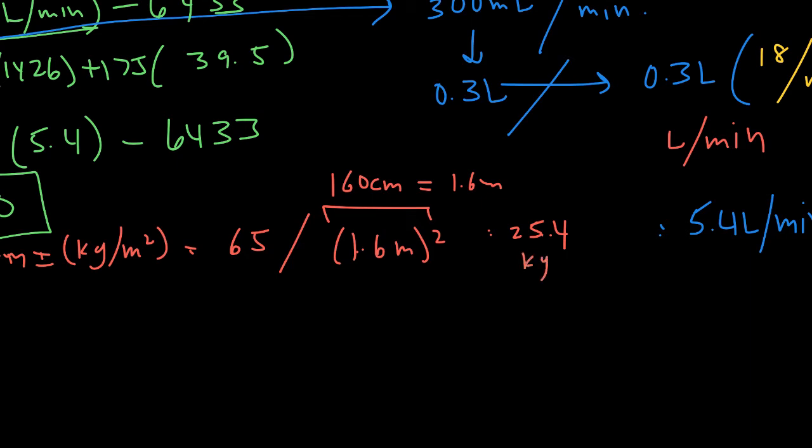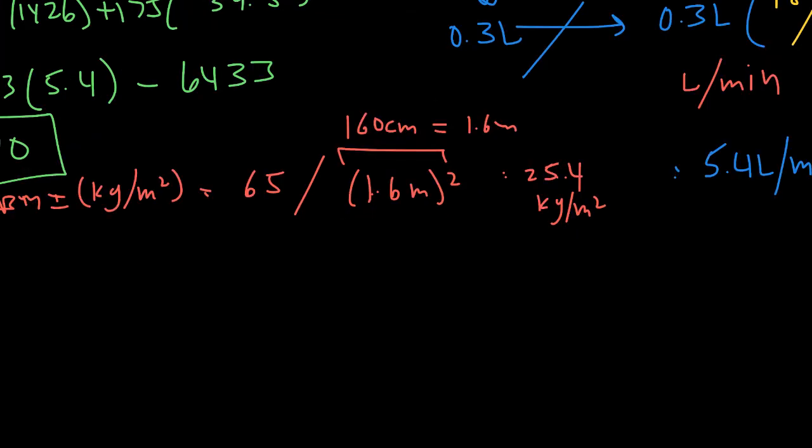Kilograms per meter squared. So, according to SCCM ASPEN recommendations, since her BMI is, let's see, she is non-obese, yeah, she's not obese because her BMI is less than 30.